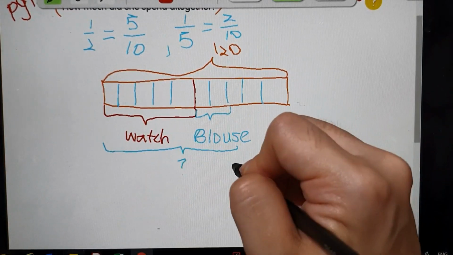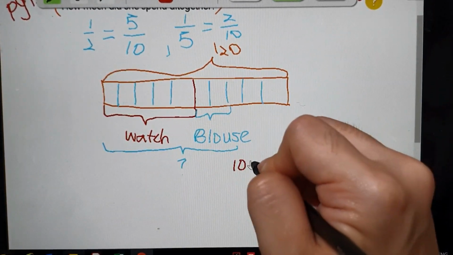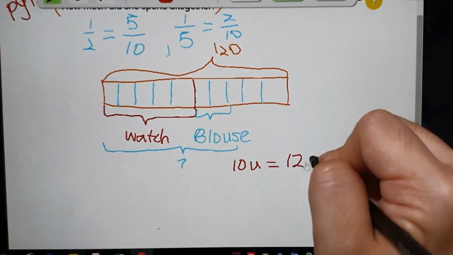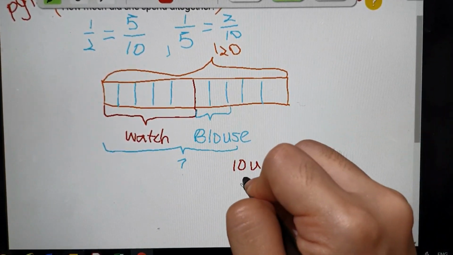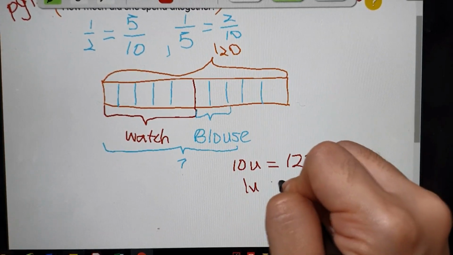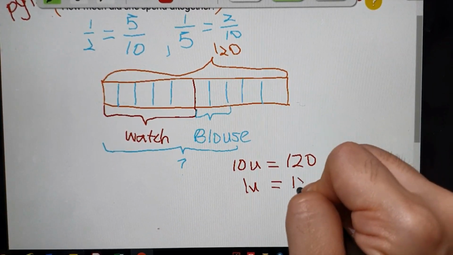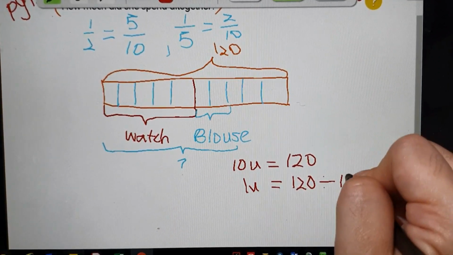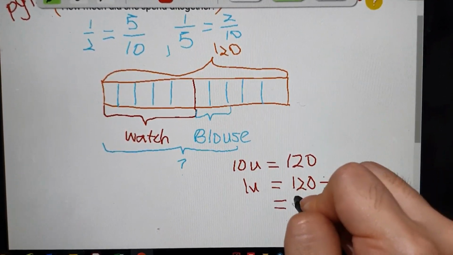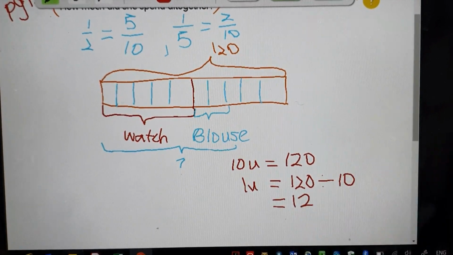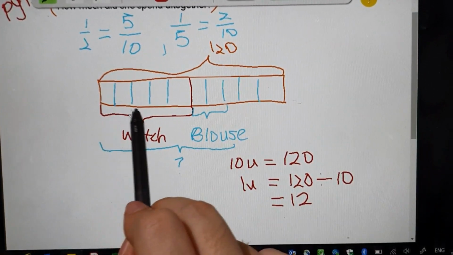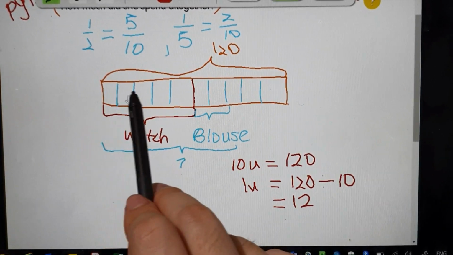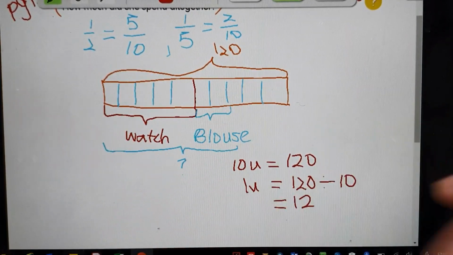So I know that 10 units represents 120. So I can move on to find 1 unit, which is 120 divided by 10, which will give you $12. And the total number of units that he spent on the watch and blouse is 7 units. 1, 2, 3, 4, 5, 6, 7.